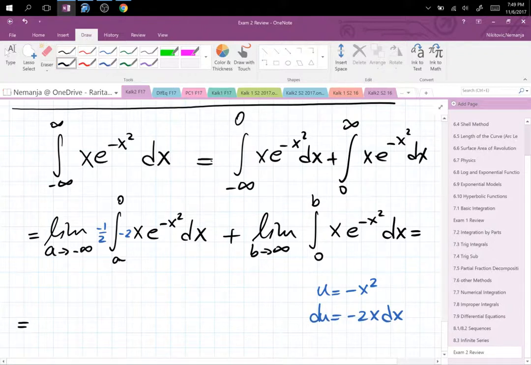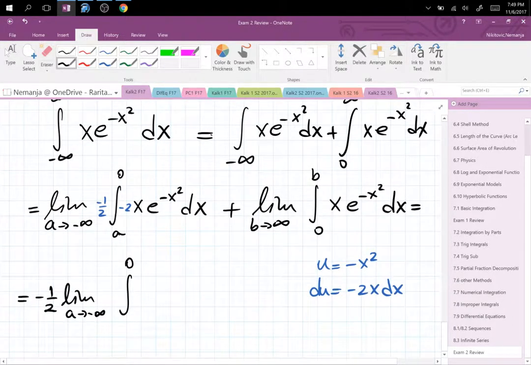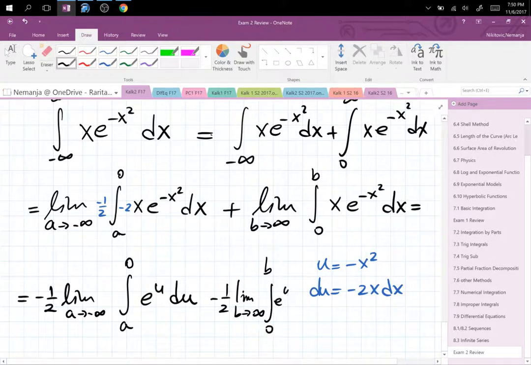So you can kick that negative 1/2 in front of the limit, and now the limit becomes a to 0, and you have e to the u du. Now the second integral is the same. It just has its own b goes to infinity, and then 0 to b, e to the u du.